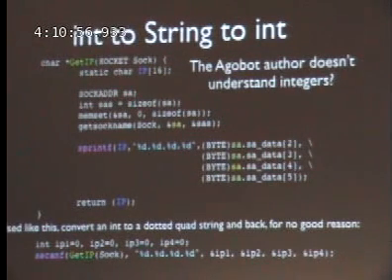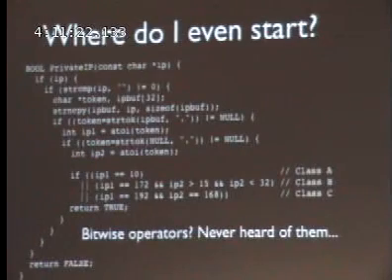They transform it into a dotted quad string, and then they take the dotted quad string and immediately transform it back into the same integer again, which is completely pointless. The only reason you would do this is if they didn't realize that the IP address is an integer. This whole routine is just for people who like to see the numbers, I guess, whoever wrote this.